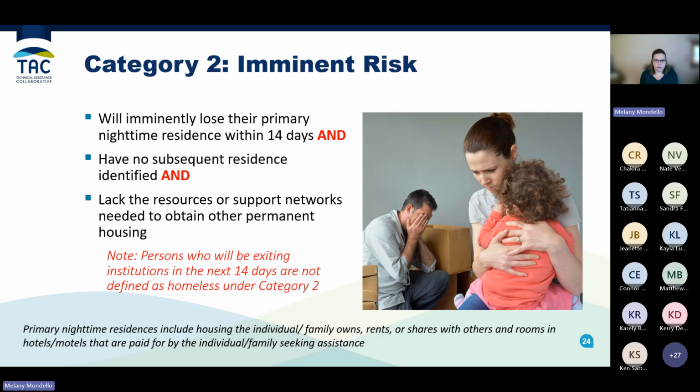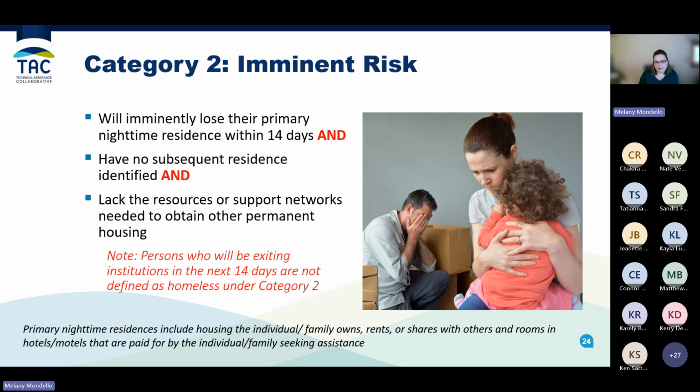But if you've lost your unit, you're staying with your friend, you have a new residence identified, but you don't have the money to sustain it, do the security deposit, whatever it is you need to do, that could make you eligible for this imminent risk. So it's really about looking at current living situation, don't have anywhere else left to go, and don't have the resources to be able to move into some other type of safe living situation going forward.